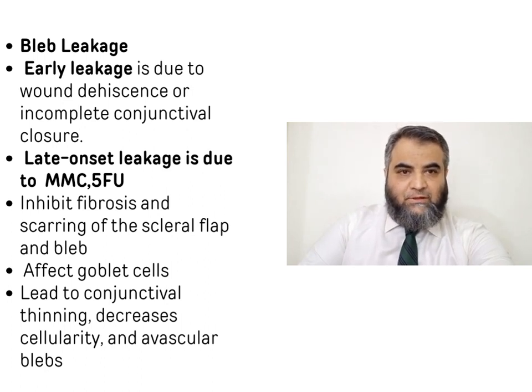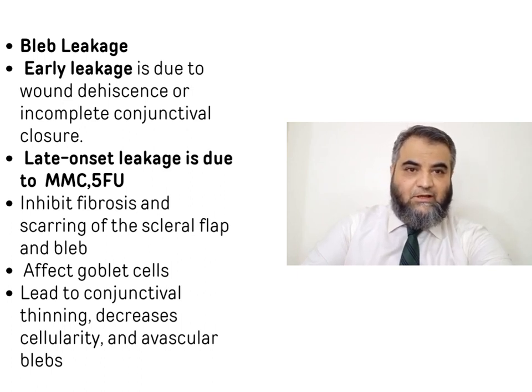The loss of goblet cells leads to less production of the mucin layer of the tear film, so there is less protection. All these factors contribute to thinning and late leakage of the bleb. When I say late, it can go up to 5 years, 7 years also.